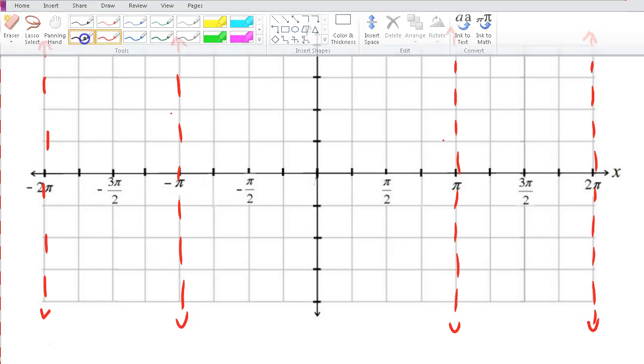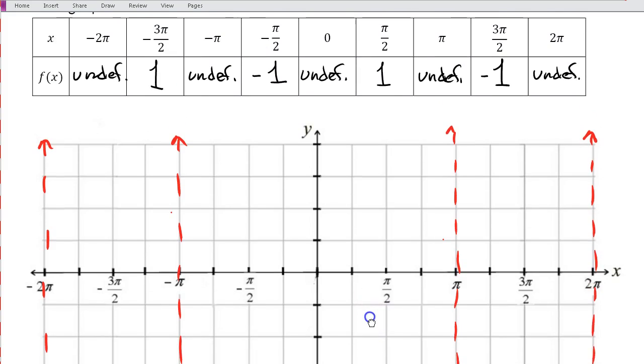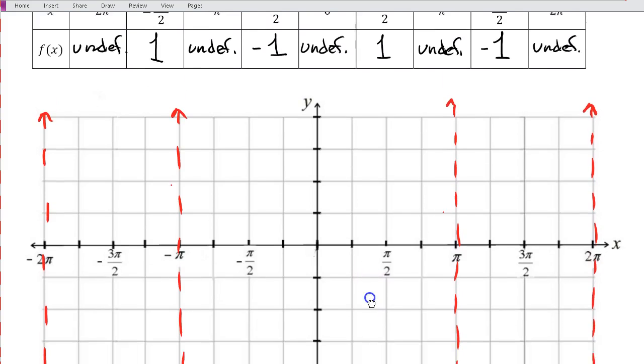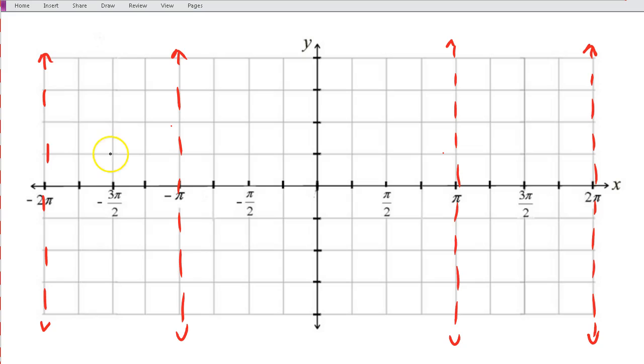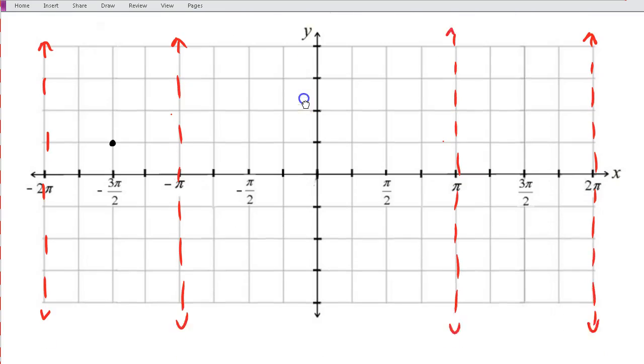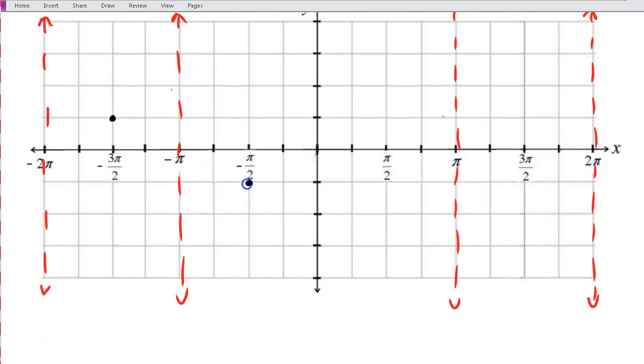And we'll go ahead and put in the other points that we have here. At negative 3 pi over 2, I'm going to have positive 1. At negative pi over 2, I have negative 1. At pi over 2, I have 1. And at 3 pi over 2, I have negative 1. So I have these points.